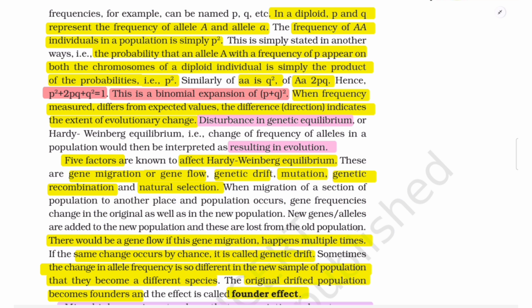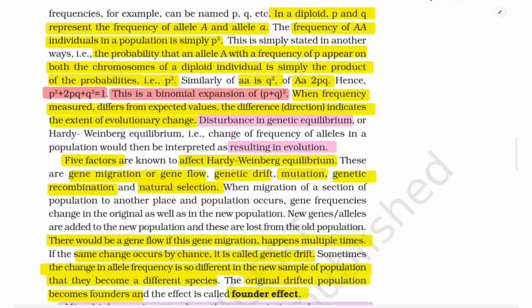This is simply stated in another way: the probability that an allele A with a frequency of p appears on both the chromosomes of a diploid individual is simply the product of the probabilities, that is, p square. Similarly, of aa is q square, and of Aa is 2pq. Hence, p square plus 2pq plus q square is equal to 1. This is a binomial expansion of (p plus q) whole square.